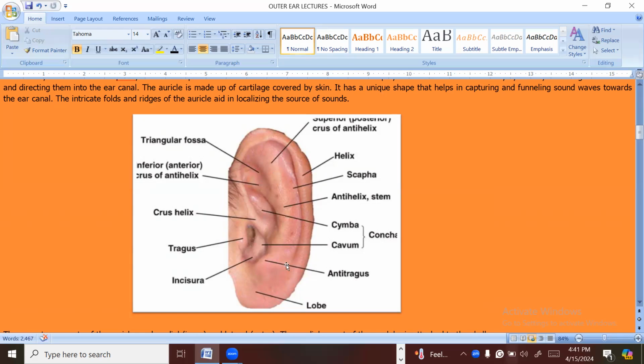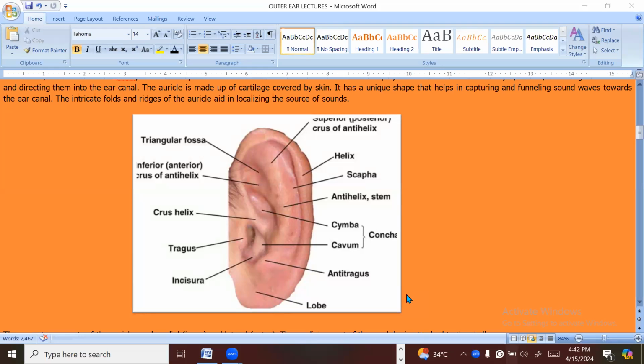Then inferiorly here, you see the antitragus. This is the tragus. Okay, so it's known as the antitragus.